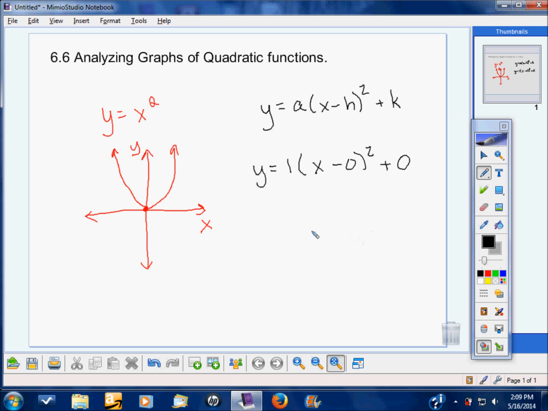So I want to take a look at what if we had one that looks like this. We said the basic one has the ordered pair 0, 0 for its vertex.